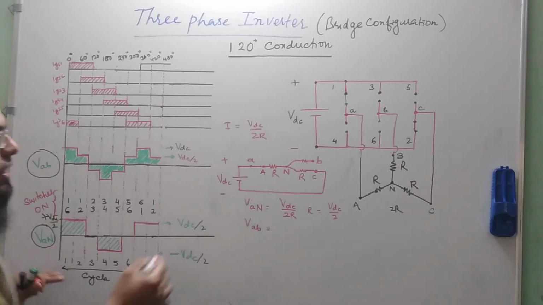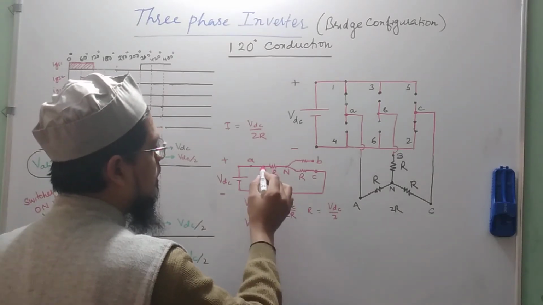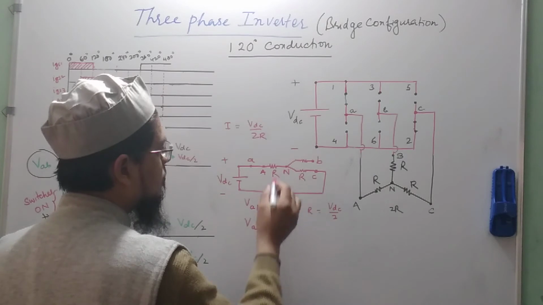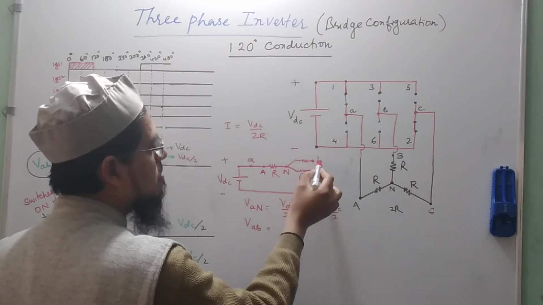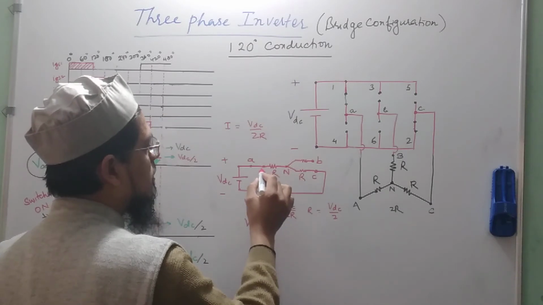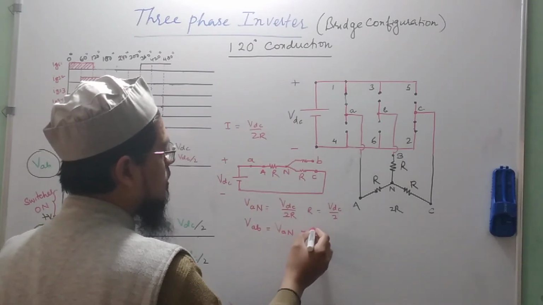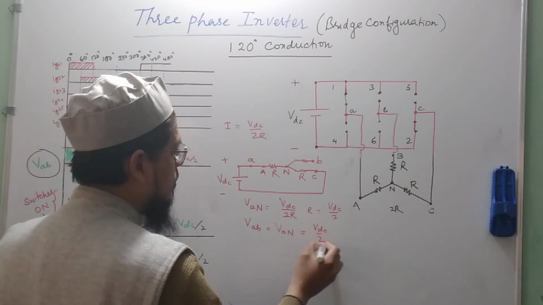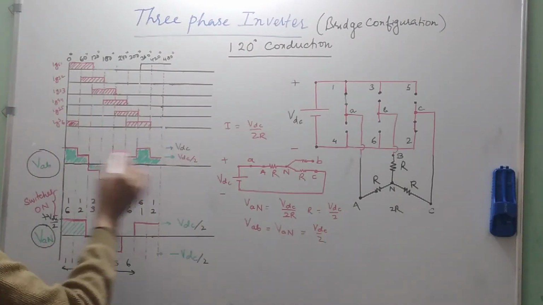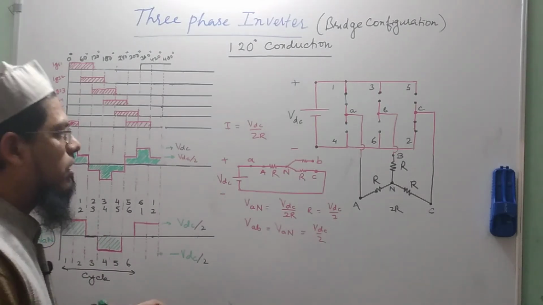I am sorry for that. So, VAB now would be given by, this point N is the same as B, because no current is flowing through N to B. So, VAB is the same as VAN, and that is equal to VDC by 2, the same as that of VAN. Okay. This was the second step.